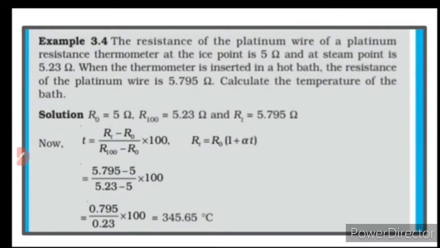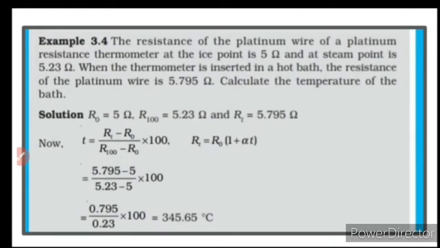And it's given the resistance of a wire using this type of thermometer at the ice point. What do you mean by ice point? Ice point means 0 degrees Celsius, where it is 5 ohm, and at the steam point, that is 100 degrees Celsius, it is 5.23 ohm. When the thermometer is inserted in a hot bath, another temperature, not the steam point, the resistance was found to be 5.795 ohm.